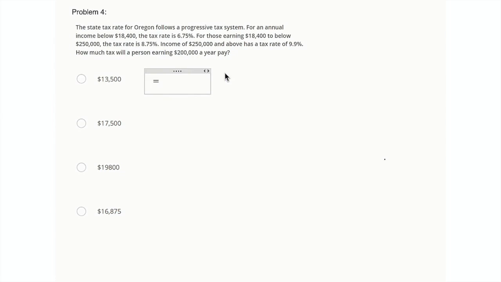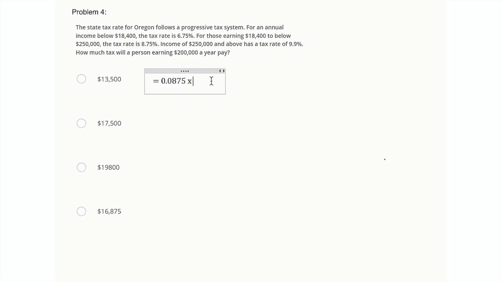Okay, 8.75%. I'm going to write that as a decimal, 0.0875, right? Because if we multiply that by 100, that's one place, two places, moving the decimal to the right, that's 8.75. So as a decimal, 8.75% is 0.0875, right?